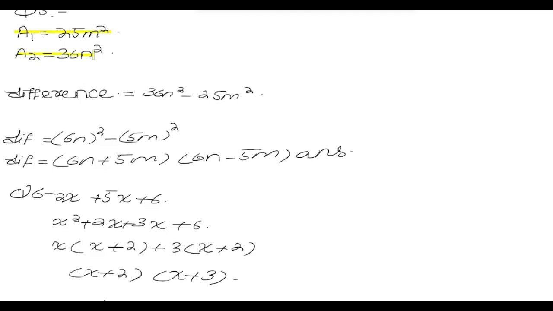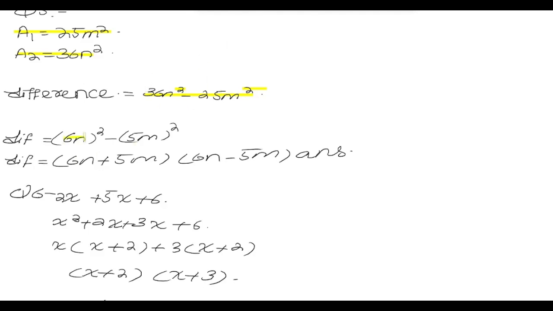So in order to solve this, as you can see the first area is 25 m², the second is 36 n². So what will their difference be? That means we are going to subtract them. So 25 m² will be subtracted from 36 n². Now what is common between them? It is square. Here we have square on the left and square on the right. So we are going to use the formula a² - b². But before using that, we need to simplify them. So what is the square of 36n²?